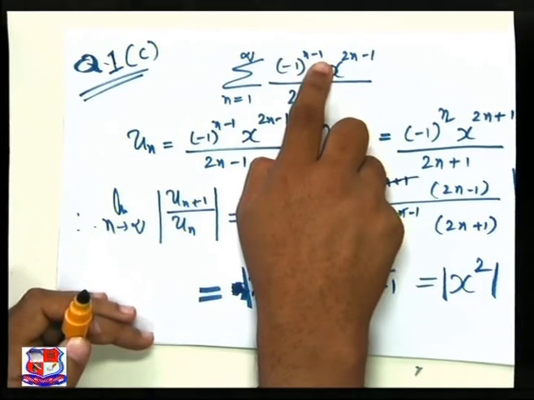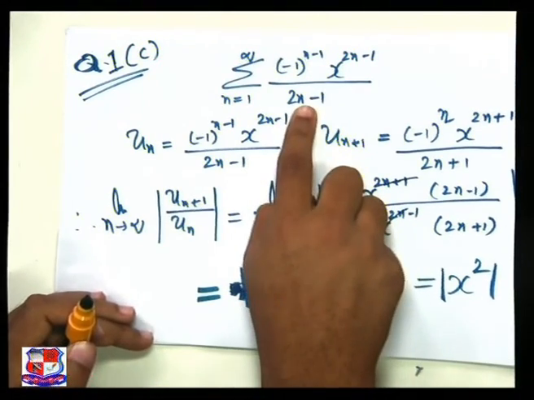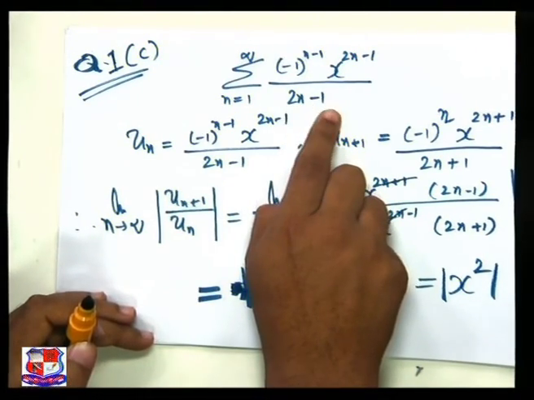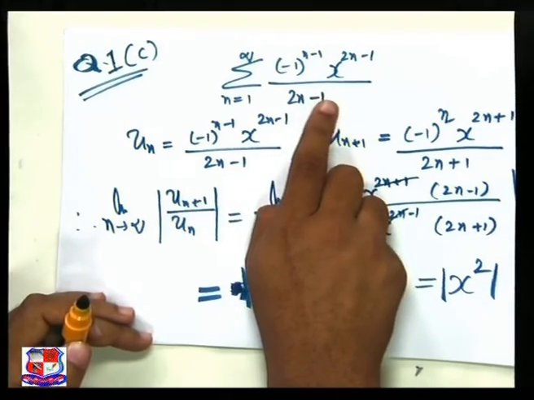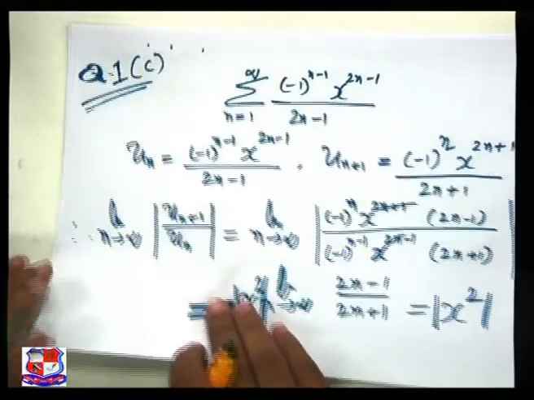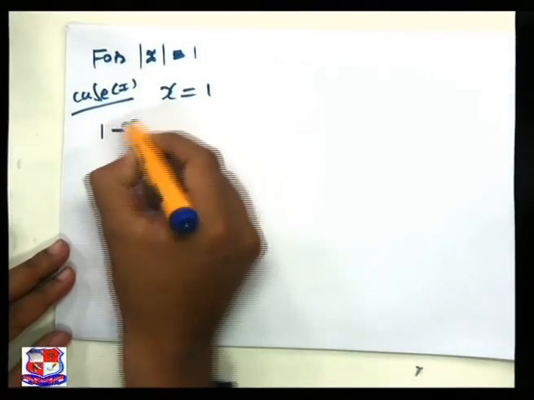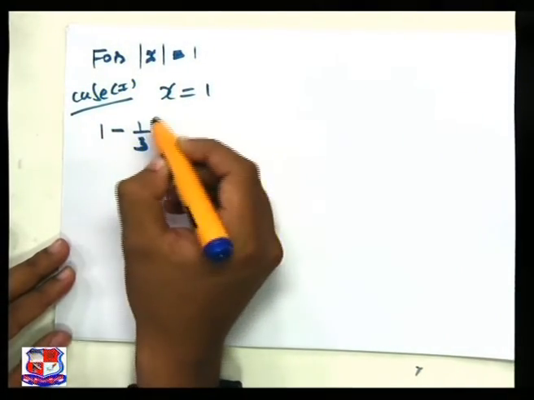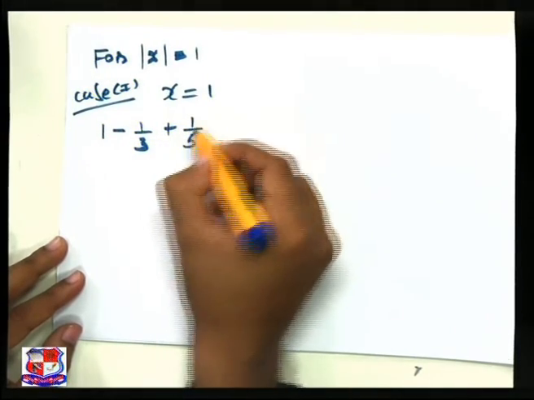So 3 minus 1, 2. So (-1)^2, that is 1. And this is 3 into 2, 6, minus 1, 5. So the series is now 1 minus 1 by 3 plus 1 by 5, right? When x is equal to 1, the series is 1 minus 1 by 3 plus 1 upon 5.